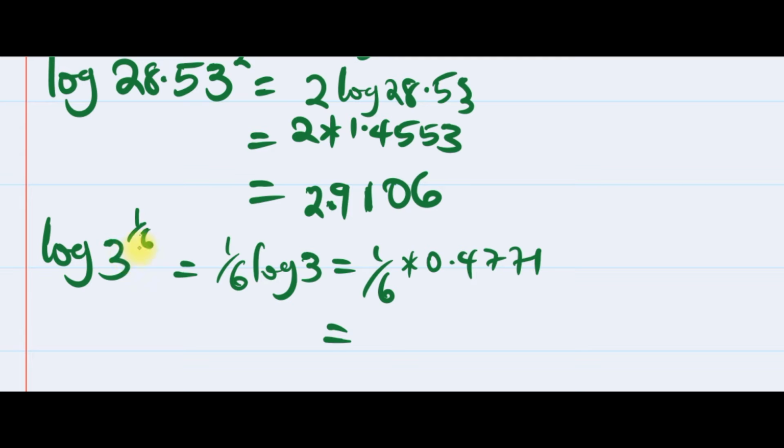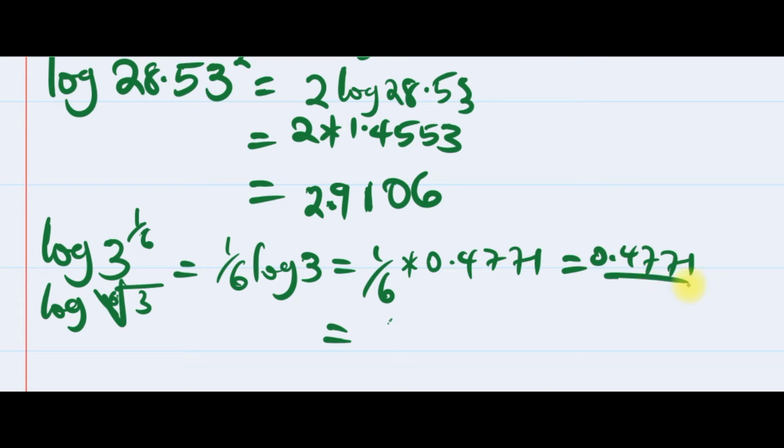So if we have an nth root, we divide. 3 raised to power 1 over 6 is the same thing as the 6th root of 3. So whenever you have an nth root, you divide the log by the index here. So it's 0.4771 over 6, so you divide.